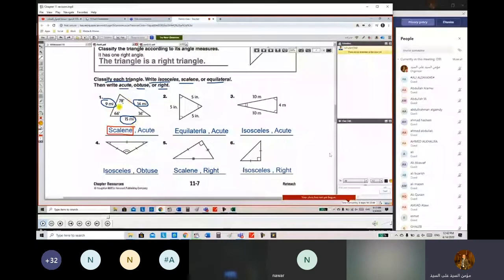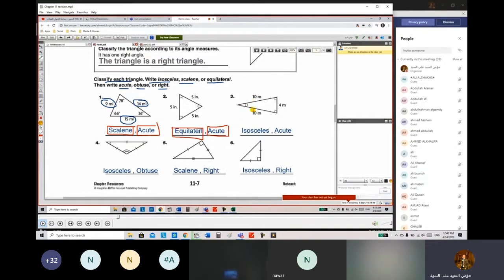Scalene triangle means three sides are different in length, and all angles are less than 90 degrees, so it will be acute angles. Here, equilateral triangle, because all sides are equal in length. And all angles are less than 90, so it will be acute angles.